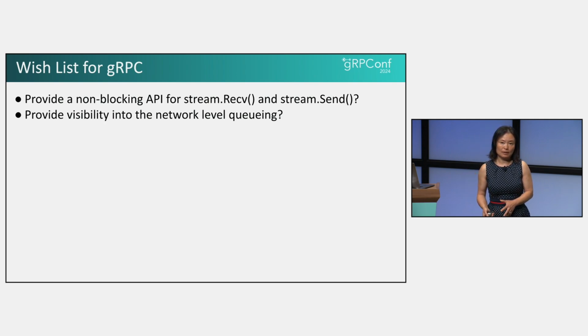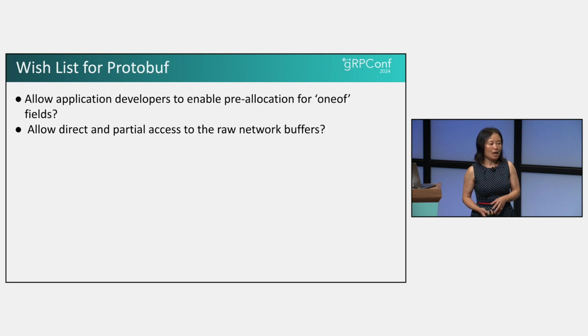Additionally, we think an API to provide visibility into the network level queuing would be invaluable in helping diagnose and optimize the system behaviors under load.